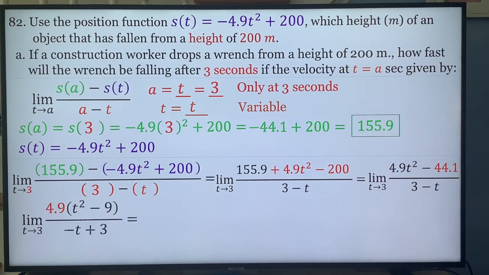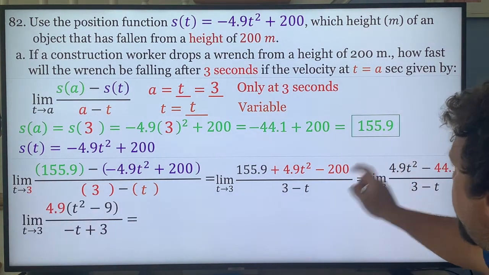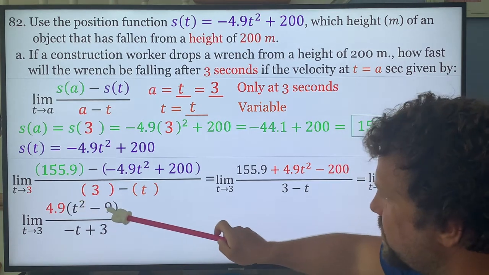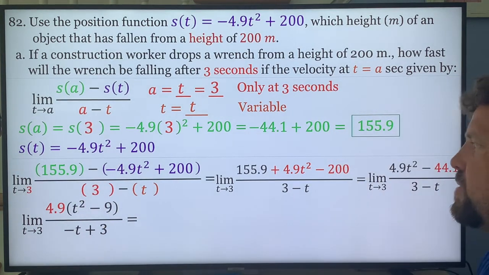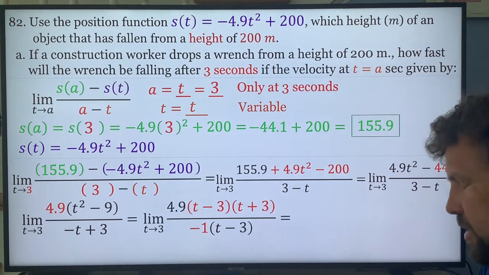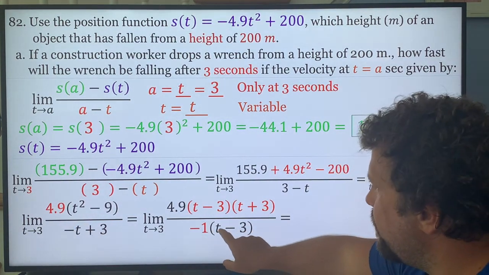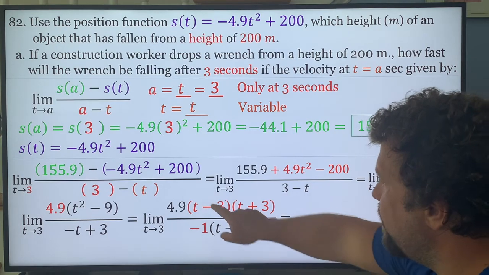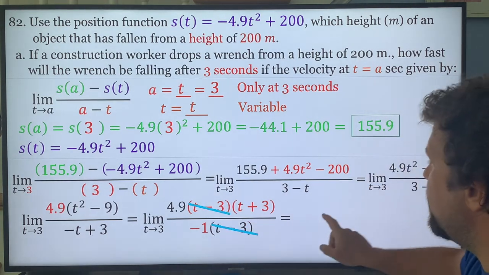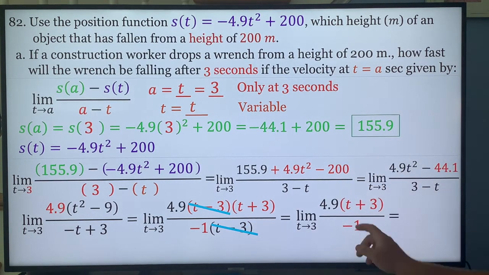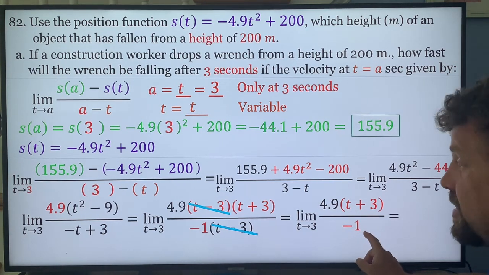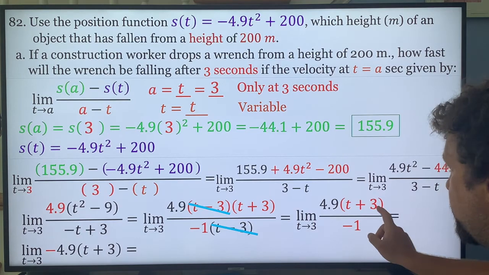Rearrange these: negative t plus 3. Pull out a 4.9, leaving you t squared minus 9, which is t plus 3 times t minus 3. I can pull a negative 1 out of here, so this becomes positive and this becomes negative. I can cancel these out, leaving me 4.9 times t plus 3 over negative 1, which is negative 4.9 times t plus 3.